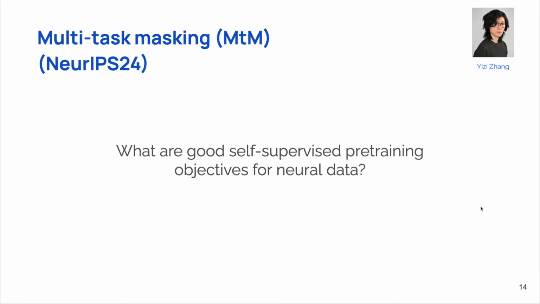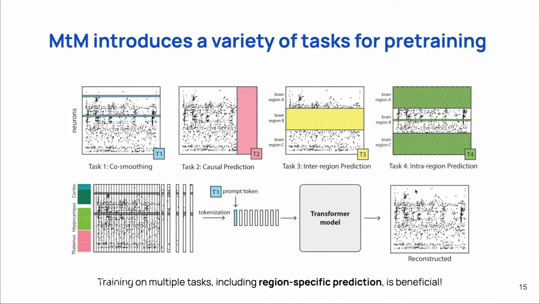We've also done work now looking at different self-supervised learning objectives. And in particular, we had some work where we looked at different forms of masking for the data and what are the most effective strategies that can be used to then transfer to different downstream tasks.